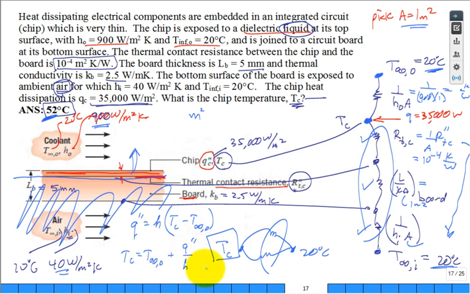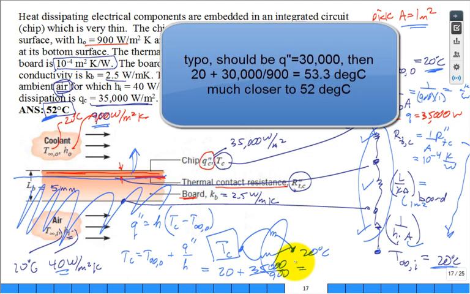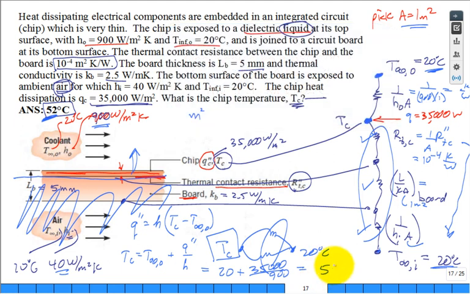You can do this with your calculator right now. It's 20 degrees C plus 35,000 divided by 900. What do you get? 58.9 degrees C. So because of the path through the bottom, it's going to be a little colder. It'll be down to 52.